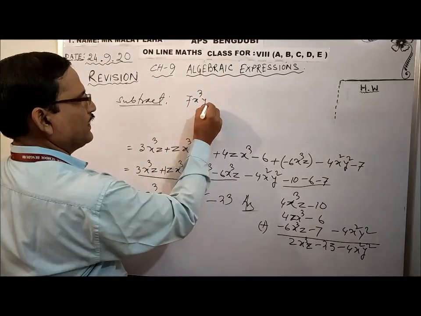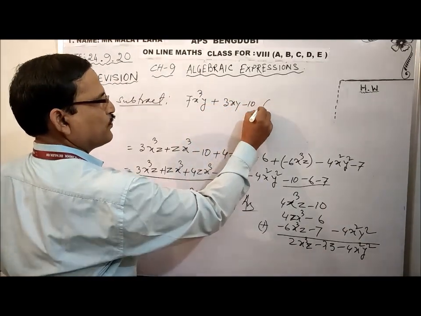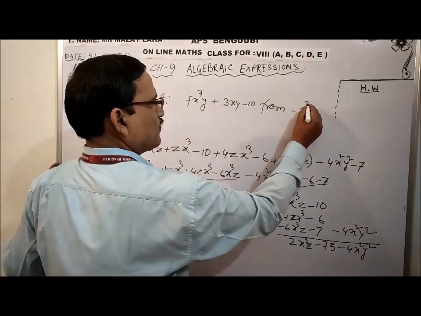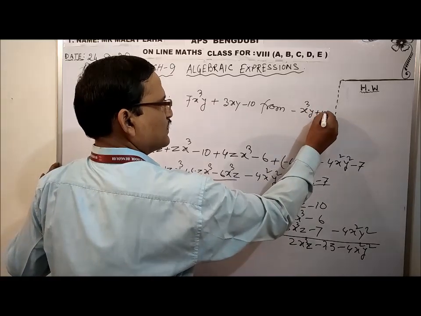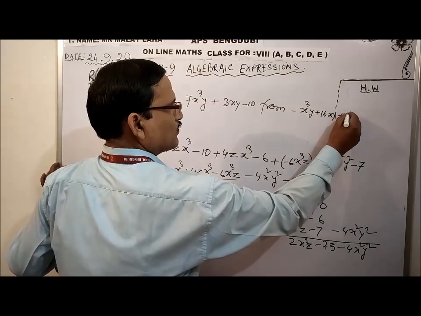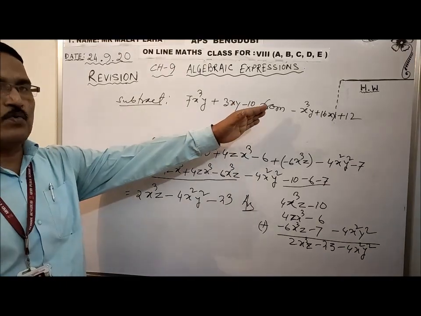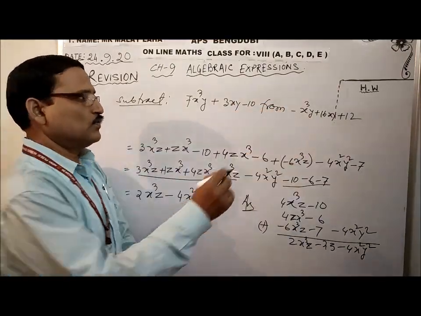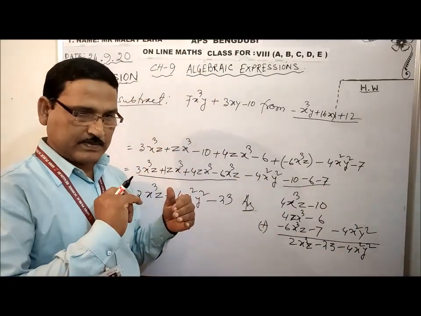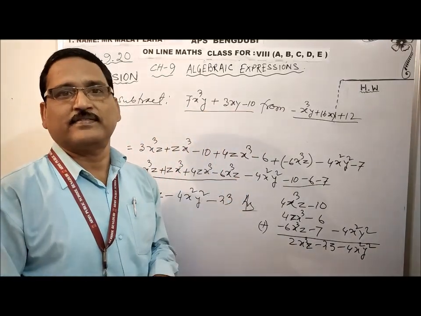Subtract 7x cube y plus 3xy minus 10 from minus x cube y plus 16xy plus 12. In case of subtraction, when it says 'from', the second expression will come first, then minus, and the first expression you have to keep in a bracket.